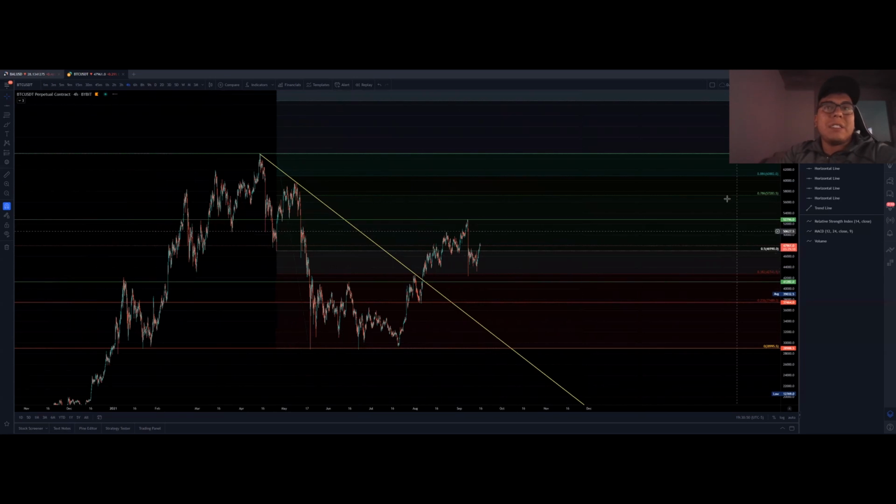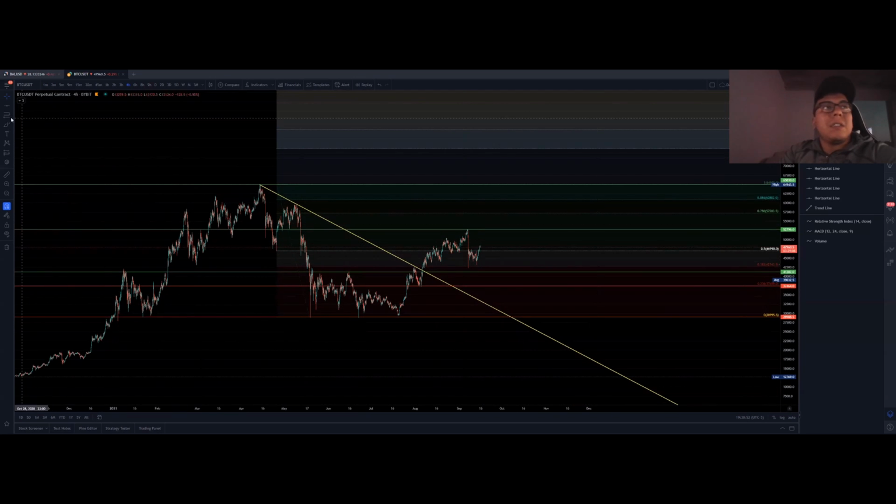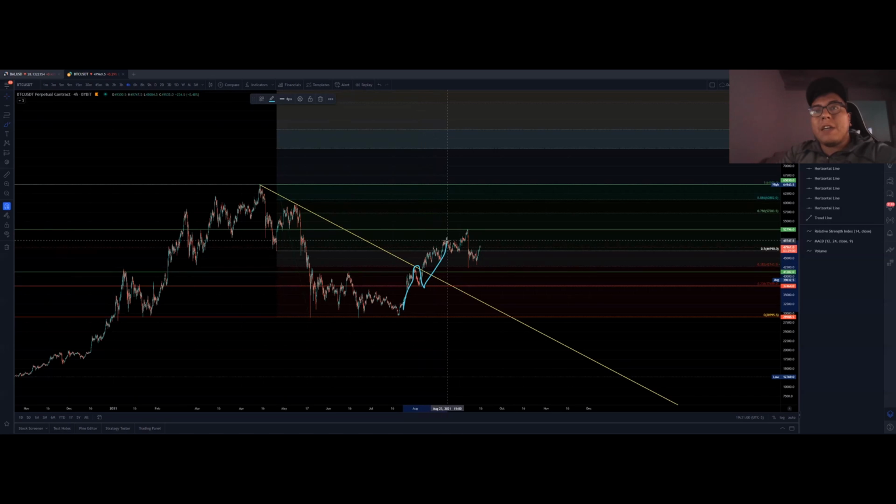And kind of what I always see is, you know, it goes from here to the 3, 2, back down to the 5. And from the 5, it usually gets to the 786. So let's just say here. And then at the 786, it makes either a break to the upside or a break to the downside again.